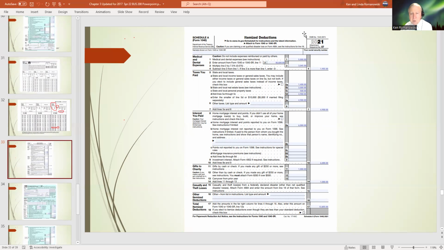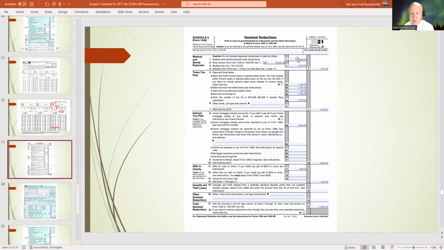So his adjusted gross income was $40,600. 7.5% of that is $3,045. So he can't deduct the first 7.5%, but anything over that, he is allowed to put it under itemized deductions.